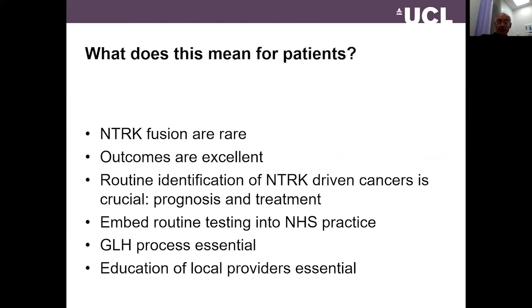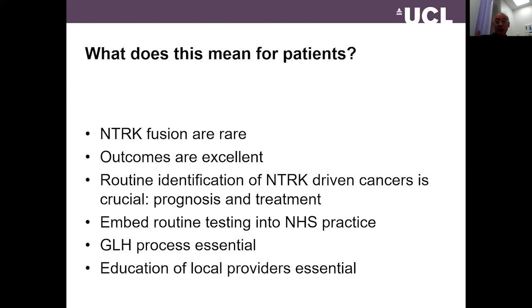Routine identification, that's the key thing here, and we may touch a bit on that. A lot of biomarkers in everyday practice, in my clinic this afternoon, for instance, a lot of biomarkers currently are second thoughts. Actionable alterations are second thoughts. You have a patient, they come to you, oh, well, we haven't looked for this, let's look for it. That is an unbelievably inefficient way of determining whether somebody has an actionable alteration.